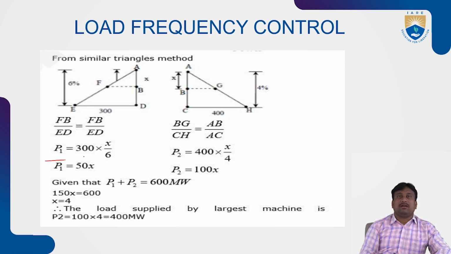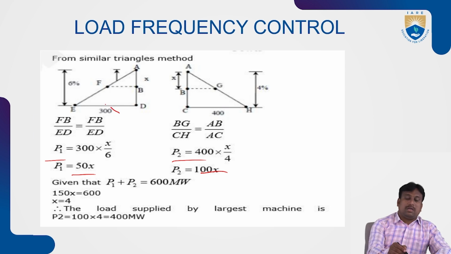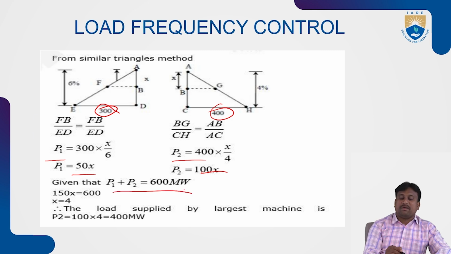So here we calculate P1 as 300 into x by 6, and P2 as 400 into x by 4. So P1 is 50x, P2 is 100x. The total rated capacity is 300 plus 400, which is 700, but the total power given is 600 megawatts.